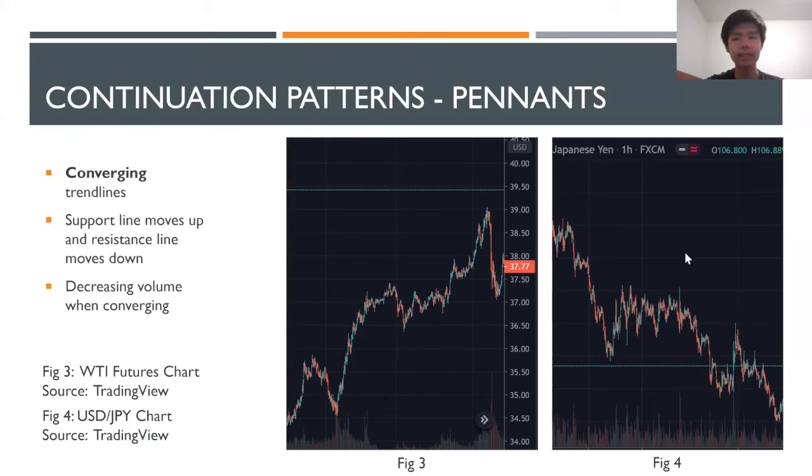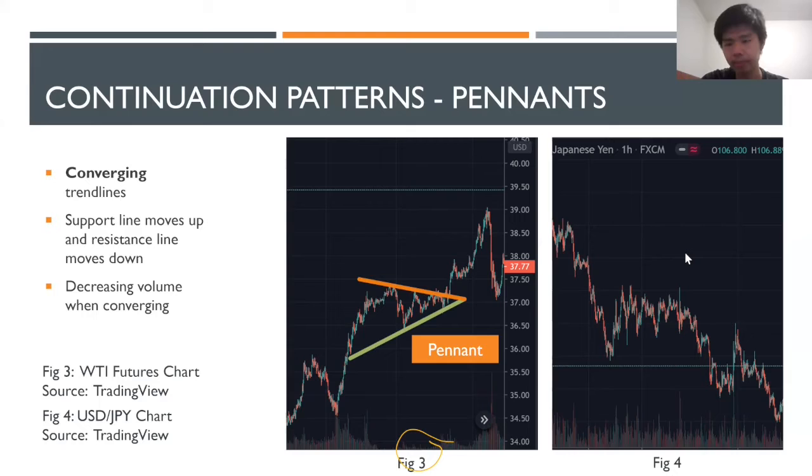To visualize this, let's take a look at the left chart, which is the WTI oil futures chart. We can see in the middle that the resistance and the support finally converge, and this is what we call the pennant.